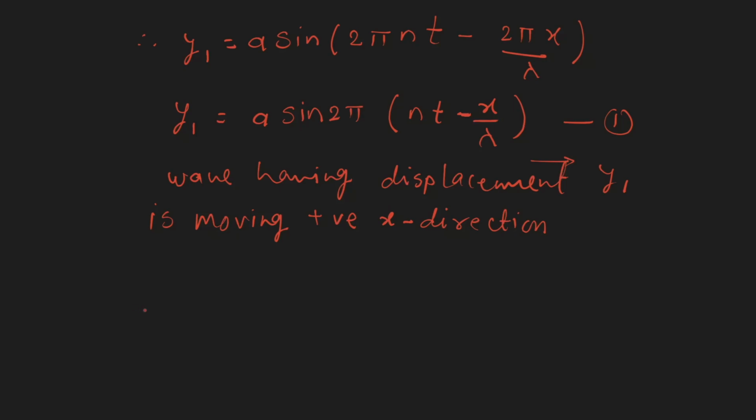here we will consider another wave y2, and in that y2 we have to consider the wave which is traveling in the opposite direction of x-axis or negative direction of x-axis.